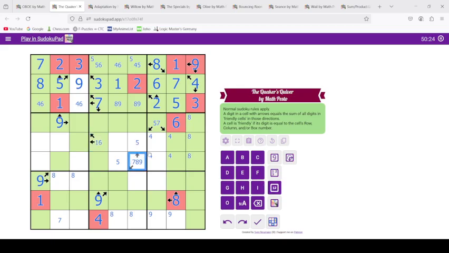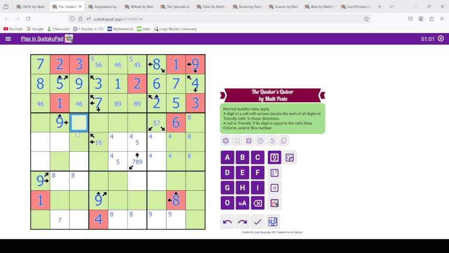This can't be 6, because that can't be a 4. But where does 4 go? Can't go there or there. Otherwise it'd be friendly. So it's one of those 3 cells. These are not friendly.